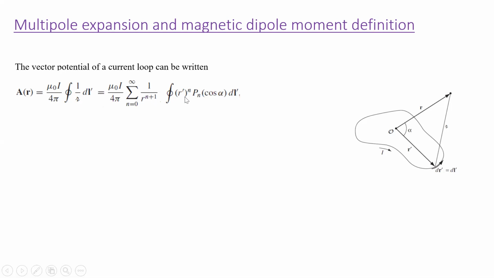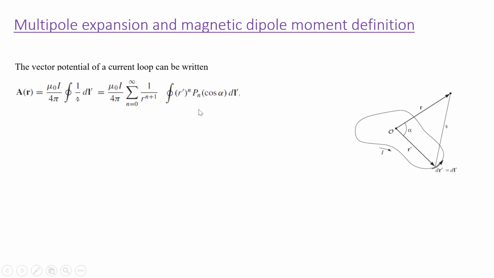And then inside the integral over the loop, we have r prime to the n times this P sub n, which is a polynomial in the cosine of the angle between r prime and r. And then the dl prime is out in front.